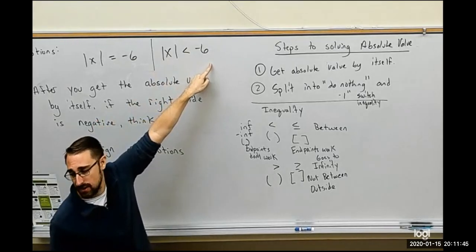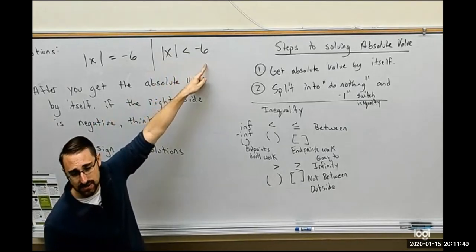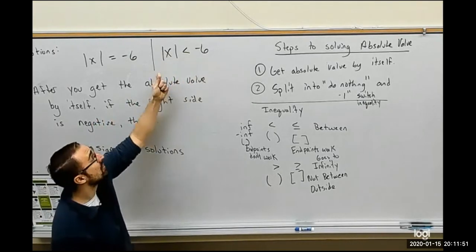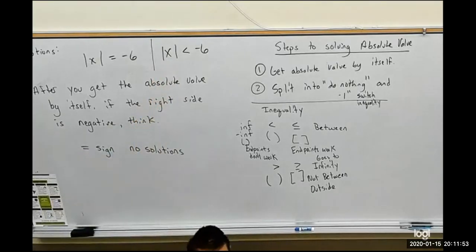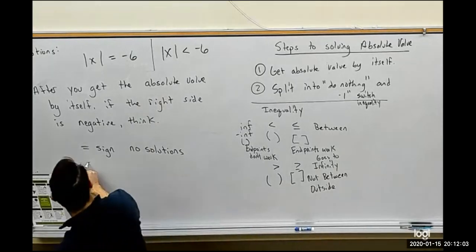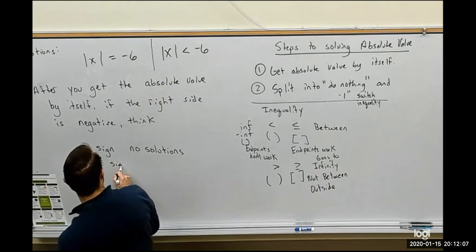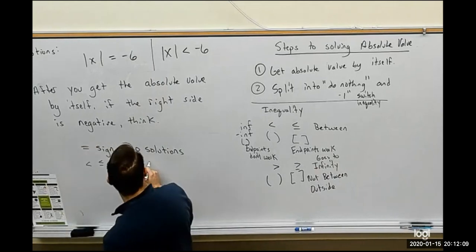No, there's no positive number that's less than a negative number. A positive number is always bigger than a negative number. So if it's an absolute value and it's less than a negative number, there are no solutions. If it is a less than or less than or equal to sign, there are no solutions.